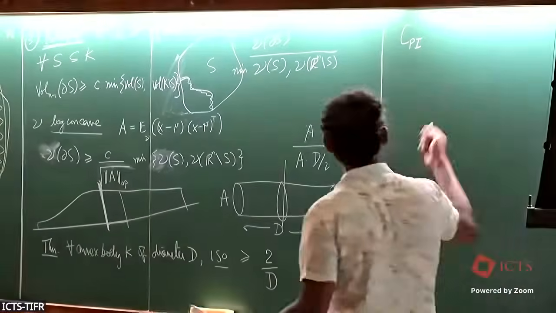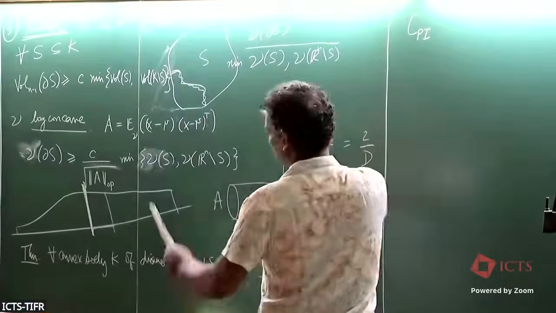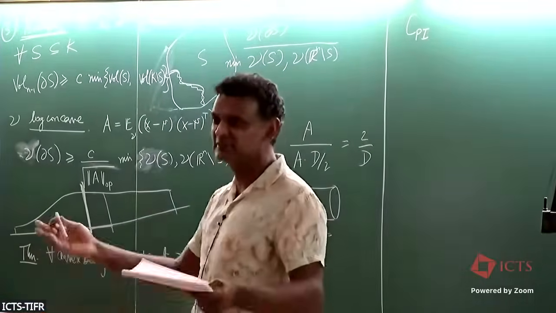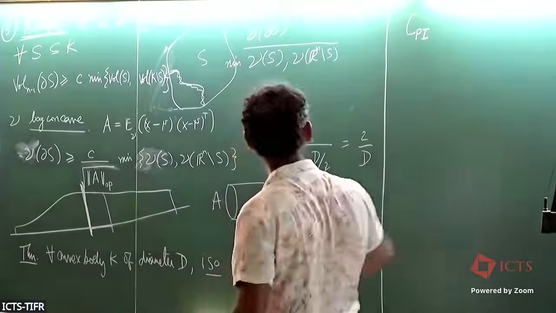And it says that for any distribution, say nu, and now it doesn't even have to be log concave. So for any distribution, you can define what is a Poincare constant.